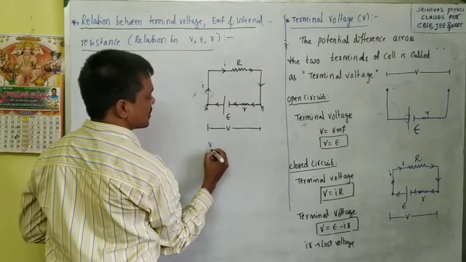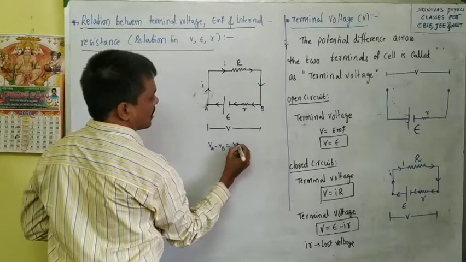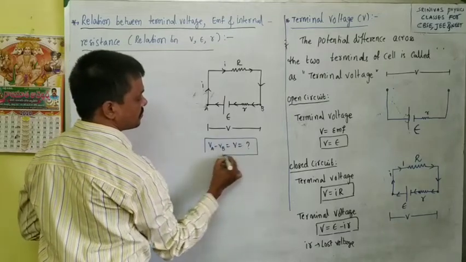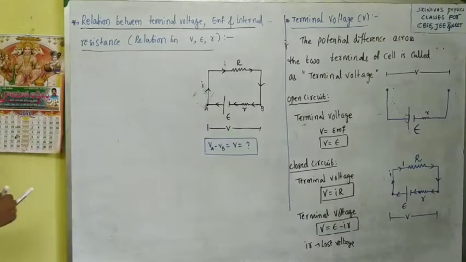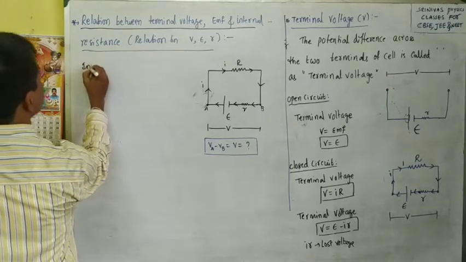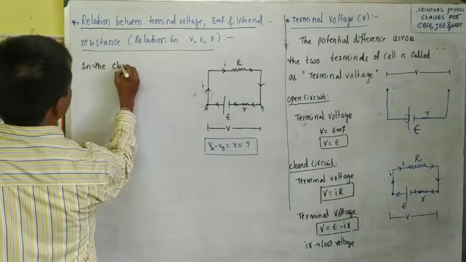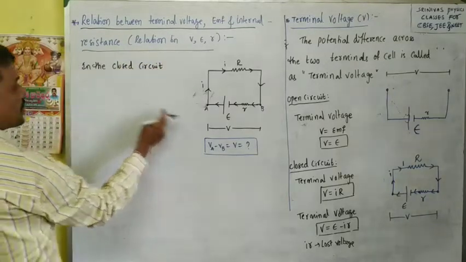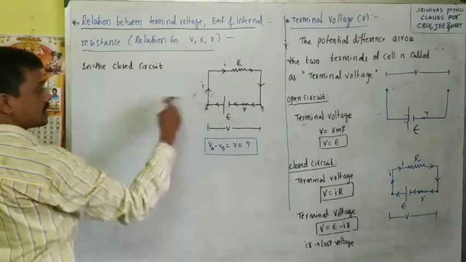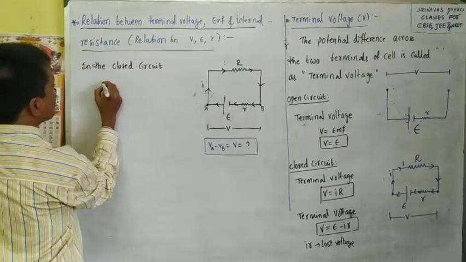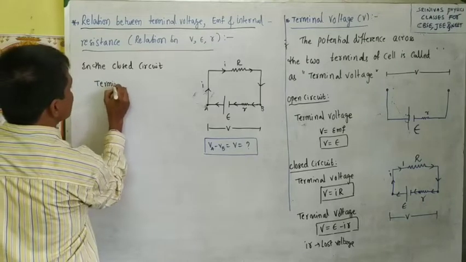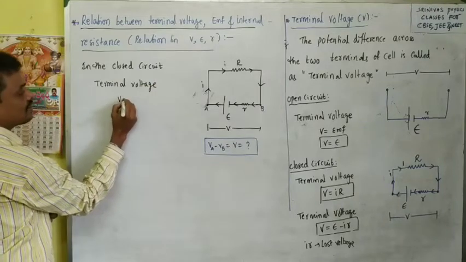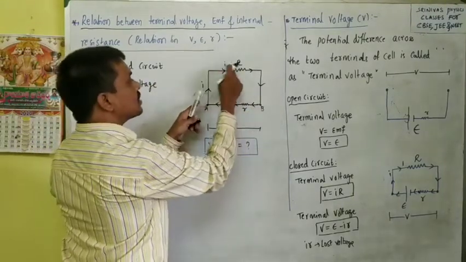Potential difference, then that is equal to what? In the closed circuit, the cell discharges, the current is supplied. Now the terminal voltage formula: potential difference across the cell equals current into resistance.